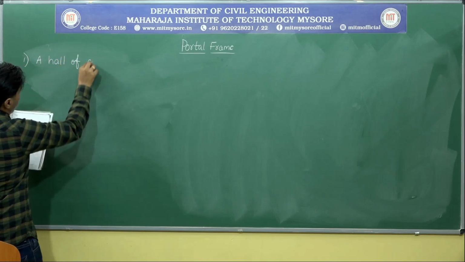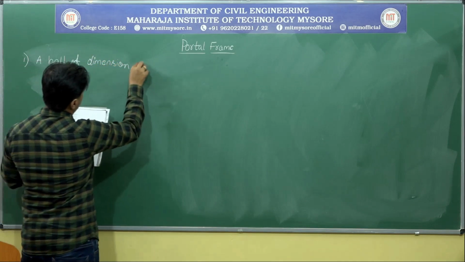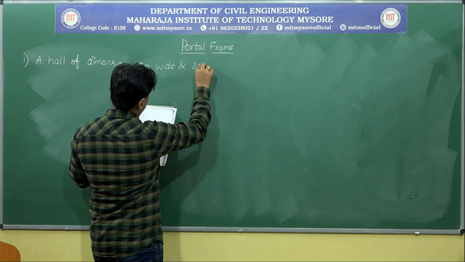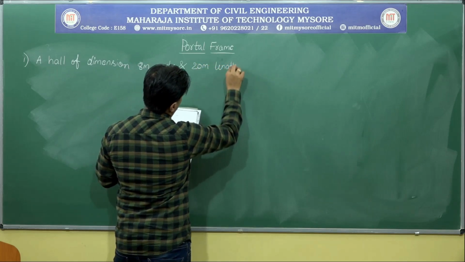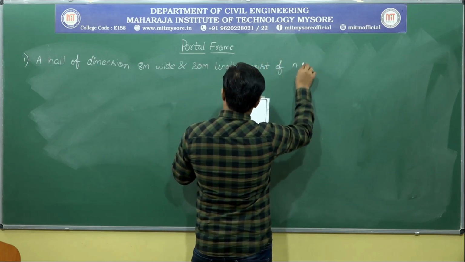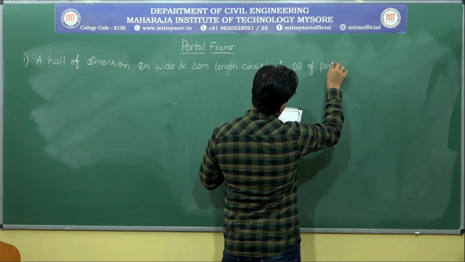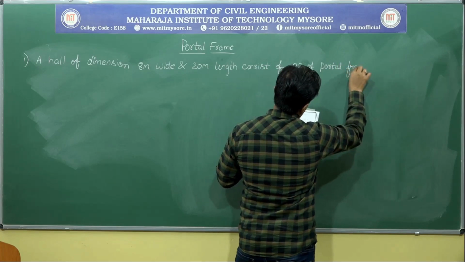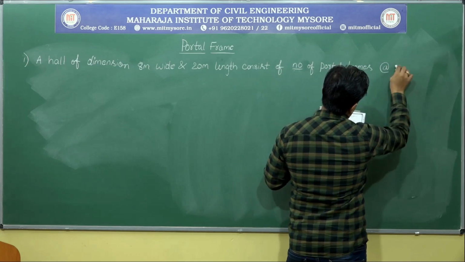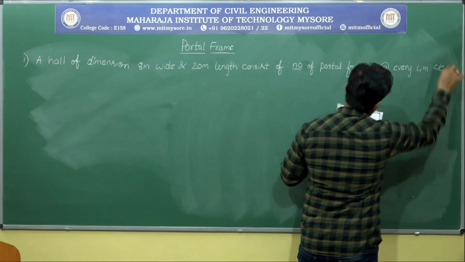A hall of dimension 8 meter wide and 20 meter length consists of number of portal frames at every 4 meter, center to center.